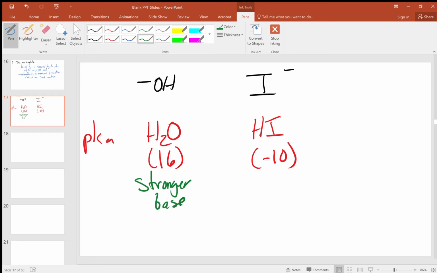And again, it's not close at all. Just to go through that again, HI is the stronger acid, which means its conjugate base is weaker. In comparison, water is a weaker acid, which means that its conjugate base, hydroxide, is a stronger base.